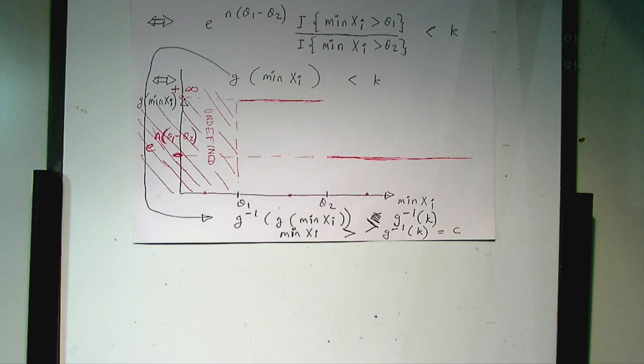If a function is decreasing, I thought you might know this from analysis or algebra, and you take the inverse on both sides of an inequality involving that function, then you need to change the inequality sign. So if the inequality was less than, taking the inverse on both sides, it will become greater than.